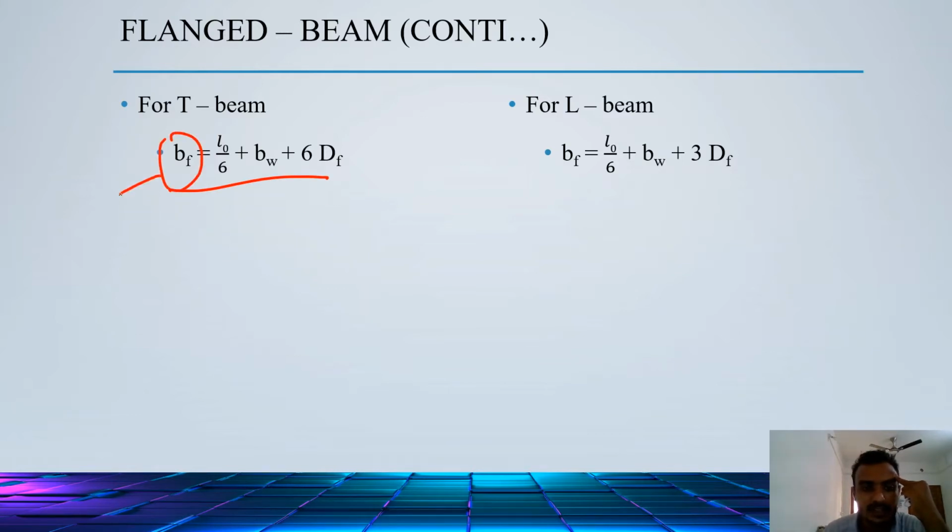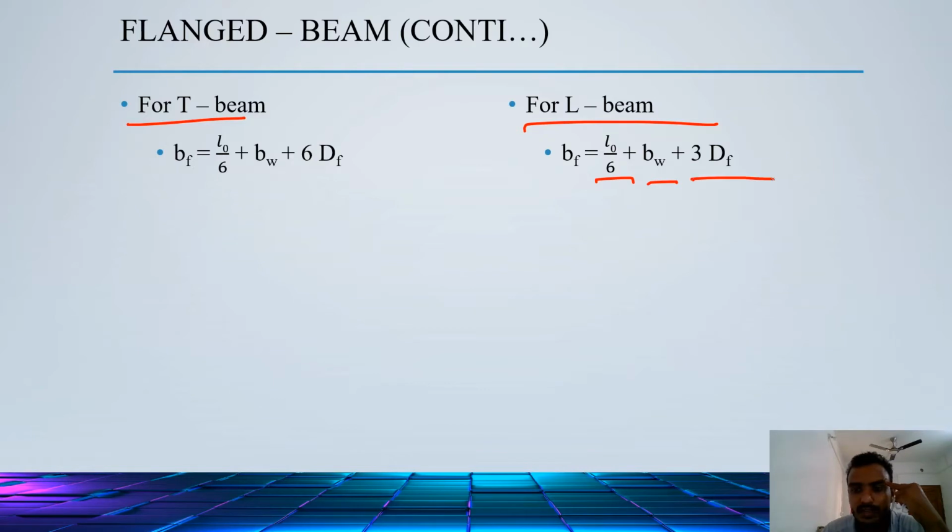BF we call the effective width: L0 by 6 plus BW plus 6 DF. L0 means span or length of beam, BW the width of web, and DF the overall depth of flange. This is for the T beam, and for the L beam we have L0 by 6 plus BW plus 3 DF. Understood? Simple equation, you can easily remember these things.